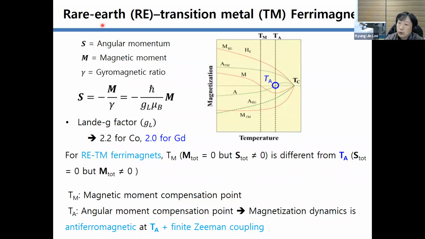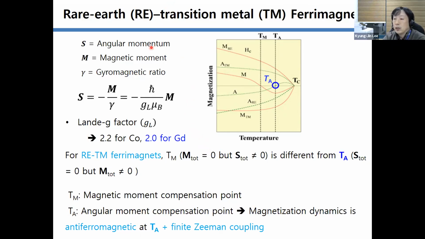We focused on rare-earth transition metal ferrimagnets, and one simple reason is that this material has two different compensation temperatures or compensation conditions. One is called T_M, the magnetic moment compensation point. The other one is T_A, the angular momentum compensation point. The reason is as follows.